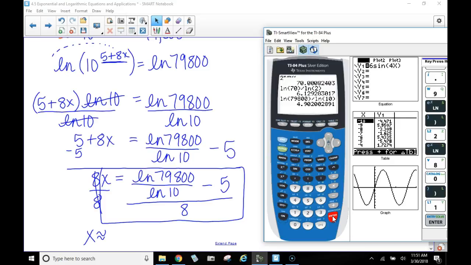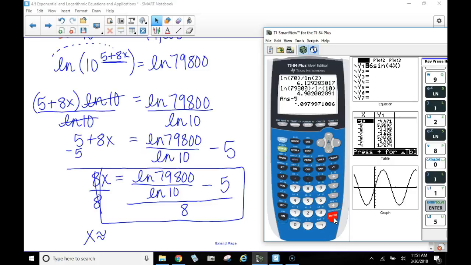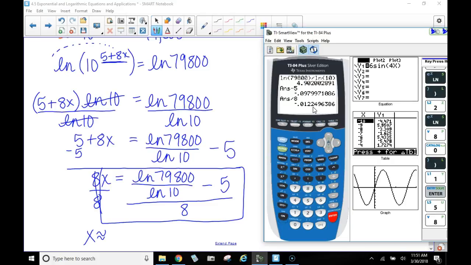From that, I'm going to subtract 5, and then divide all that by 8. And to 4 decimal places, I'm going to keep that 2, so negative 0.0122.